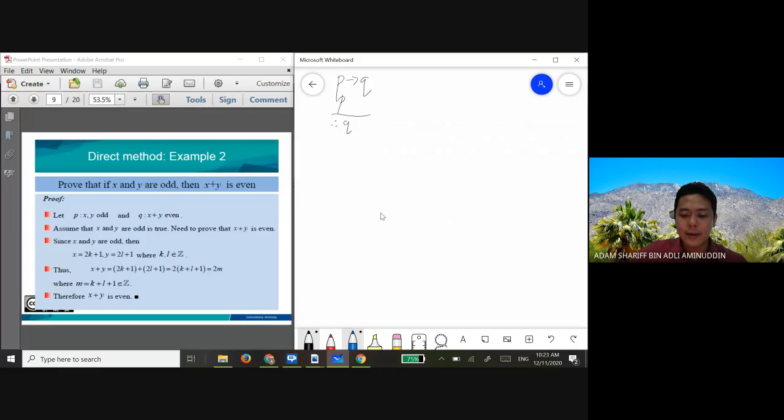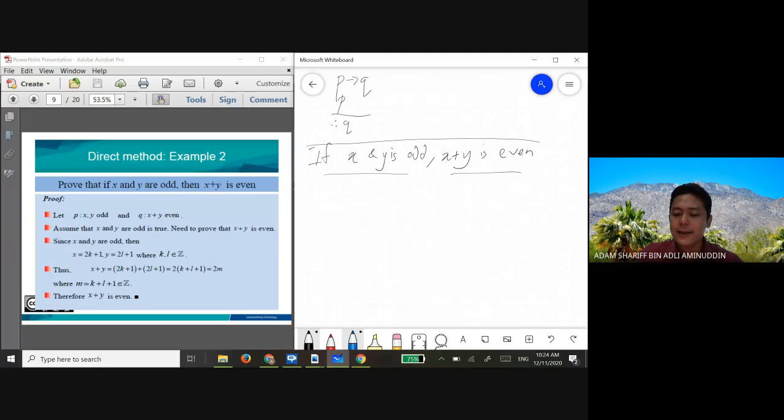So, in this question, example 2, it states that if X and Y are odd, forgive my grammar, X plus Y is even. I think we already did this example, but that's fine, we just recall it. We have implication, we have the condition, ni implication dia. If X and Y is odd, then the conclusion X plus Y is even.